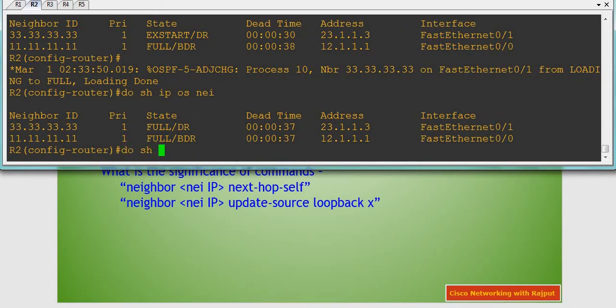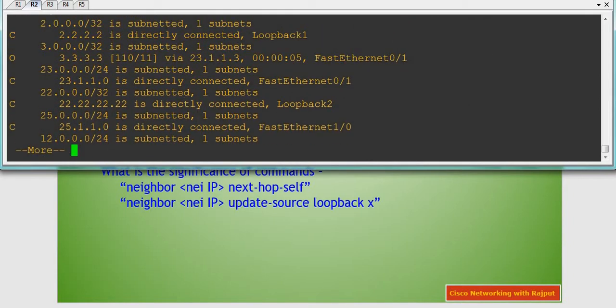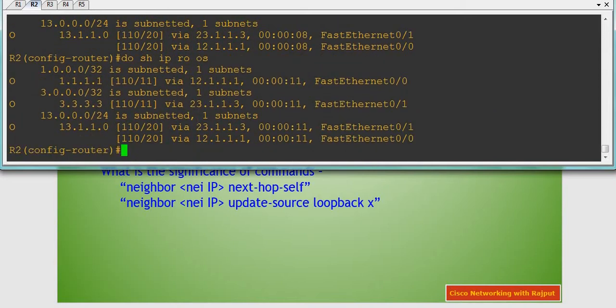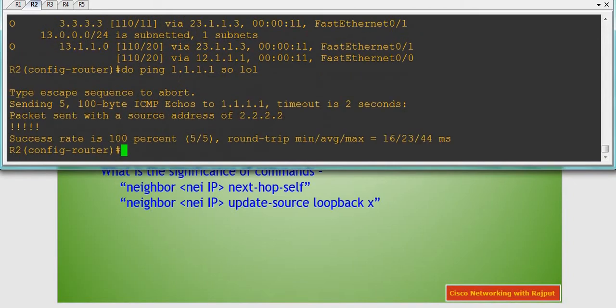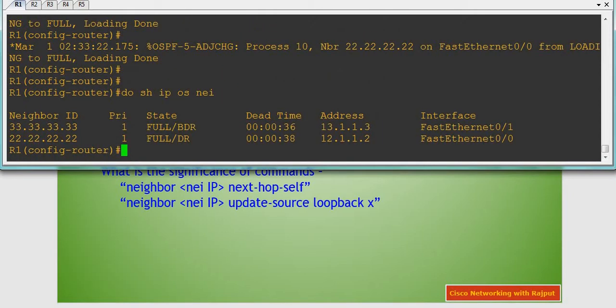Let us see show ip route, OSPF only. Ping, source loopback 1. Yes, we can. Ping, source loopback 1. We can. Okay, we have IGP reachability on loopback 1 interfaces.